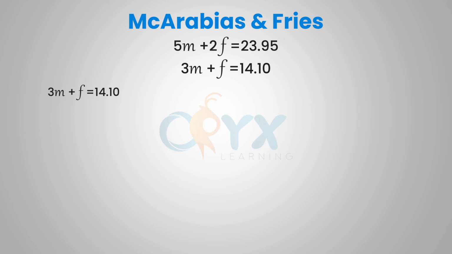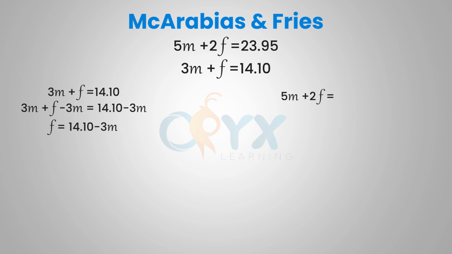In order to solve for f, I will subtract 3m from both sides of the equation. This leaves me with f equals 14.10 minus 3m. Now I can take the other equation and substitute in 14.10 minus 3m for the f value.